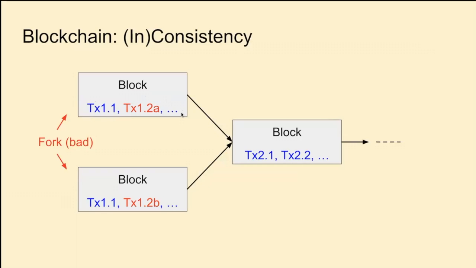And so what can happen is you can have a situation where two users both notice some set of transactions that need to be added to the chain. They both go and build a new block, but they don't have quite the same set of transactions. And so you end up with two different potential heads for the blockchain. And that's a situation called a fork.